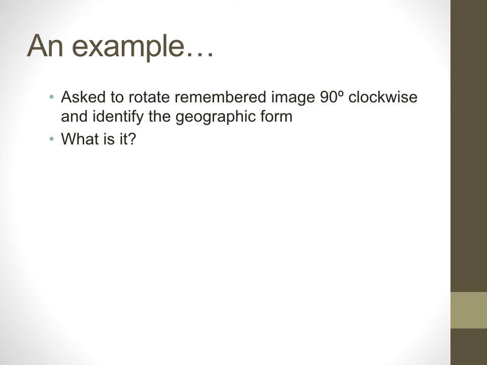What is it? Remember, knowing what this image was and trying to identify it was very hard for people, and what we found was that it was very hard to rotate and flip and change images that were ambiguous, as opposed to images that we already have pictures for in our brain or memories for in our brain.